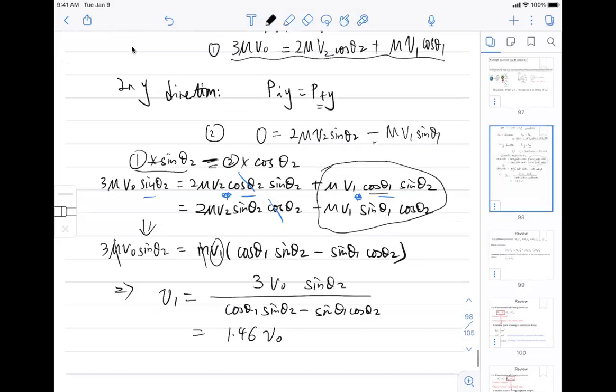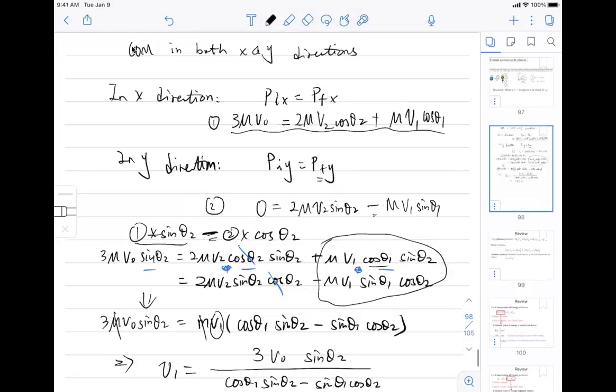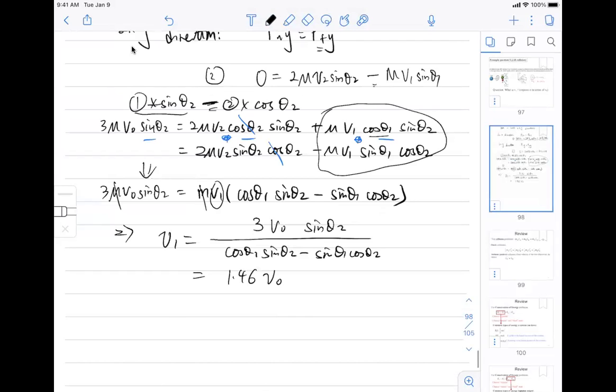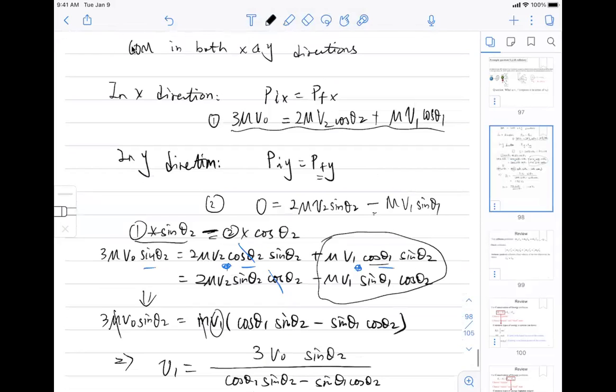Okay, and plug into any of these equations, you can get v2. So v2 is going to be m v1 sine theta 1 over 2m sine theta 2, which is going to be 1.08 times v naught. Okay, so you can see I applied my conservation of momentum twice in x direction and y direction.